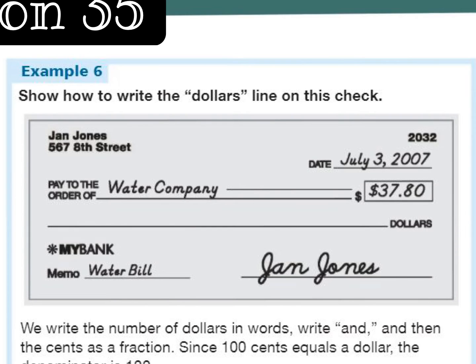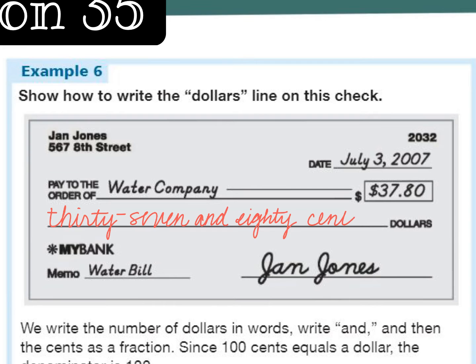So on this, what I would do is I would write 37 and how much? 80. And then what we typically do on a check, if you've ever looked closely enough at one, is write the dollar amount. So 37, oh, I did this wrong. Hold on.